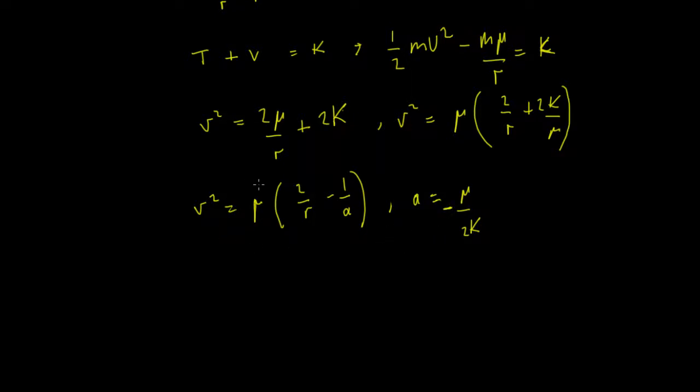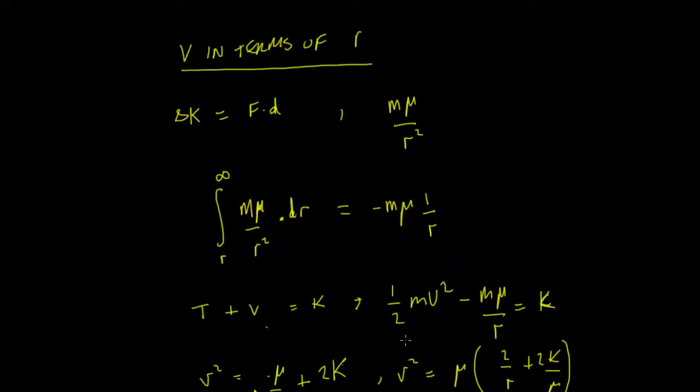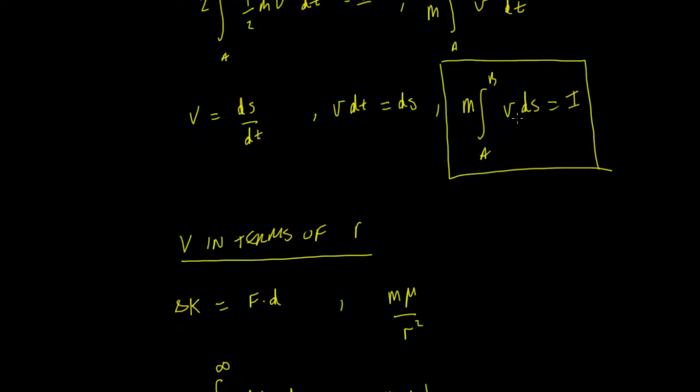Okay, so that gives us our value for v, so we can then say that v equals root of mu times 2 upon r minus 1 upon a, to the power of a half.